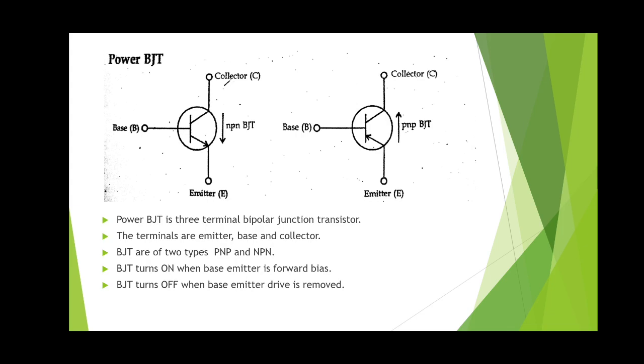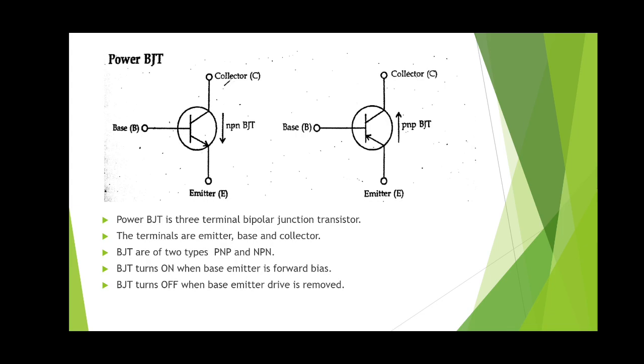The next device which we are going to study is the power BJT. So the symbols are shown in the figure. We know that power BJTs are of two types, that is PNP and NPN. So the transistor family of devices consists of power BJT, MOSFET and IGBT.